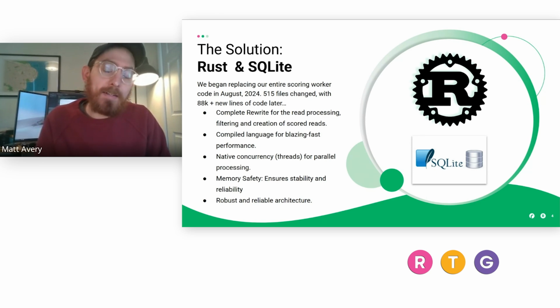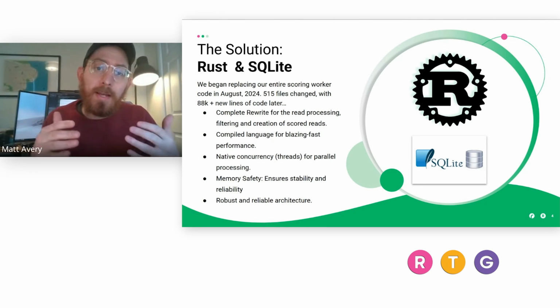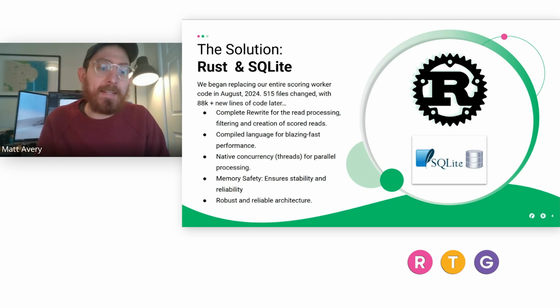So it's a totally compiled language, which means that it is running closer to the hardware, the actual CPUs on the systems that we're running on, instead of being within a browser. So it's going to be a whole lot faster, and it's also concurrent, so it can run simultaneously. So we're talking 10 lanes or any number of lanes of traffic you want instead of that single lane of traffic.